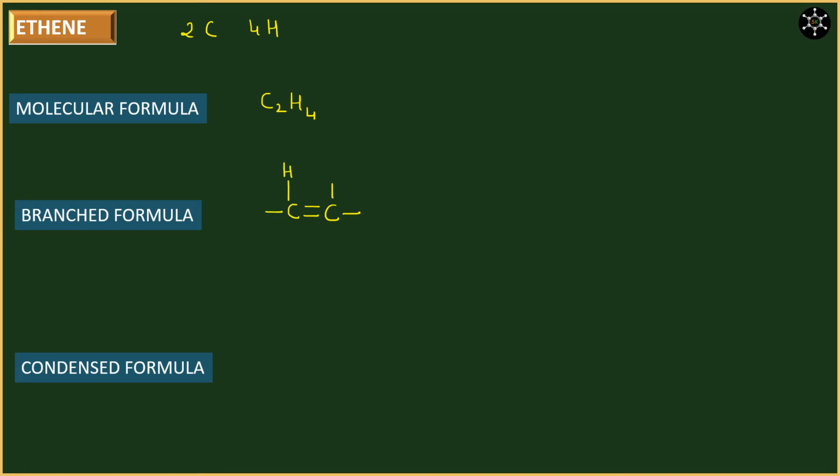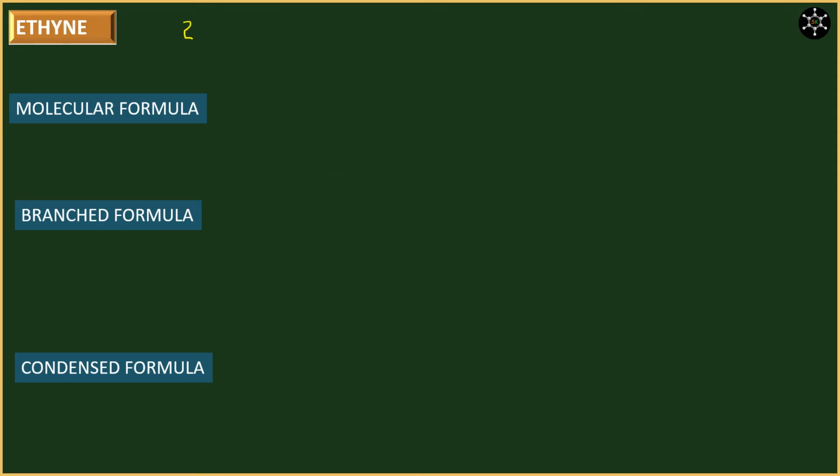And that will be with hydrogen atoms. In condensed formula, this carbon is connected to 2 hydrogens, so CH2. This carbon is connected to another carbon with a double bond, so double bond C. This carbon is connected to 2 hydrogen atoms, so CH2.